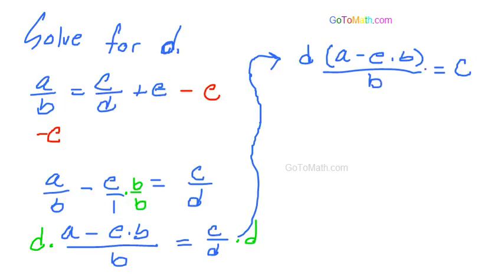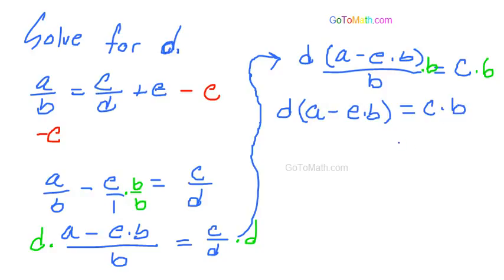In other words, I'm multiplying both sides by B. Should we skip that step? Maybe we shouldn't. Multiply both sides by B. Alright, and so now we're left with D times A minus E times B is equal to C times B.